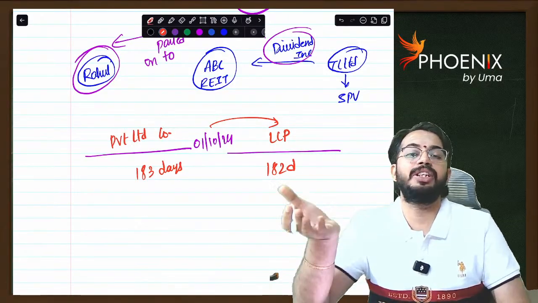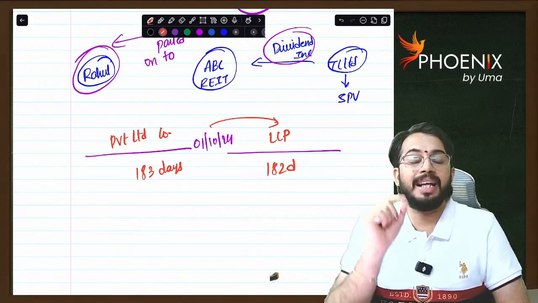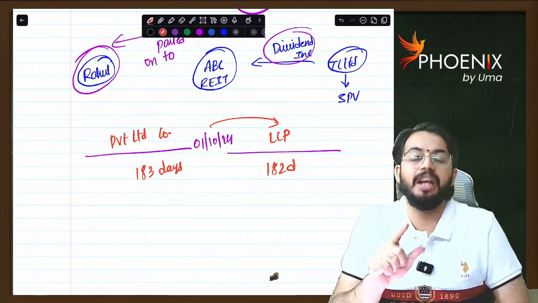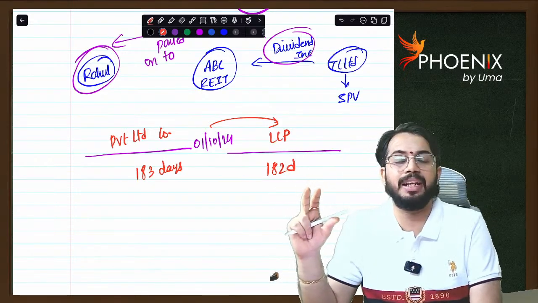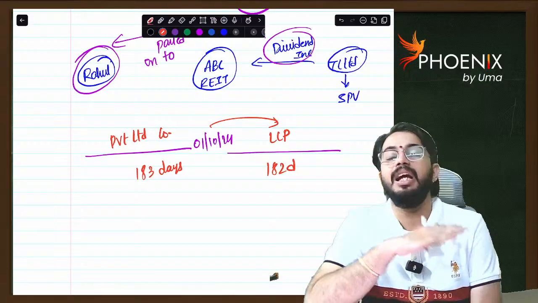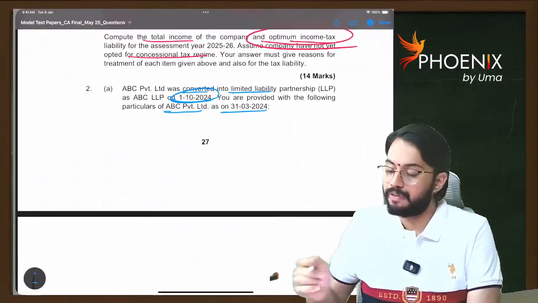Here there is conversion in the middle of the year. We will assume the asset is used by one entity only and calculate depreciation for the whole year. That depreciation is to be apportioned between the company and the LLP in the ratio of 183 to 182.